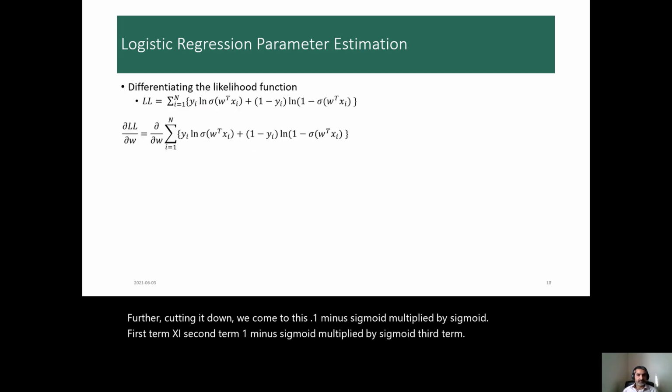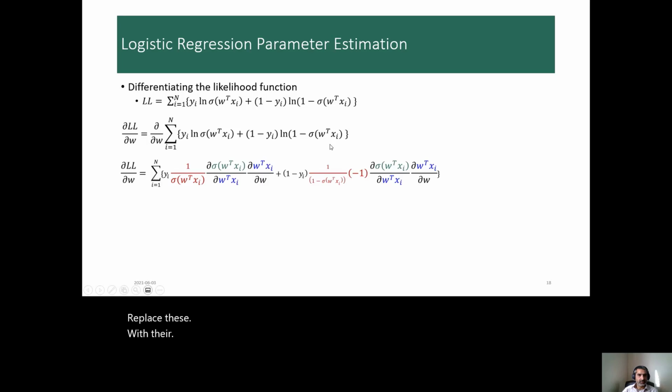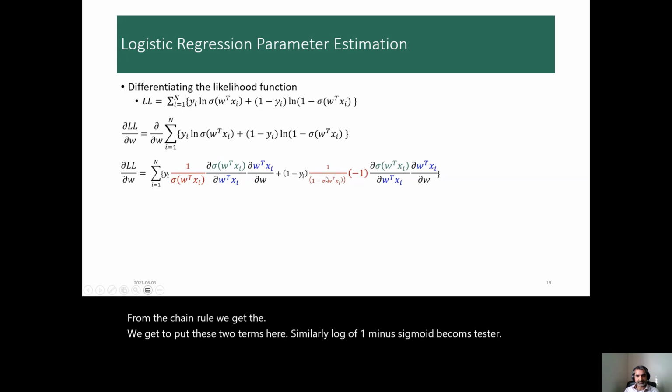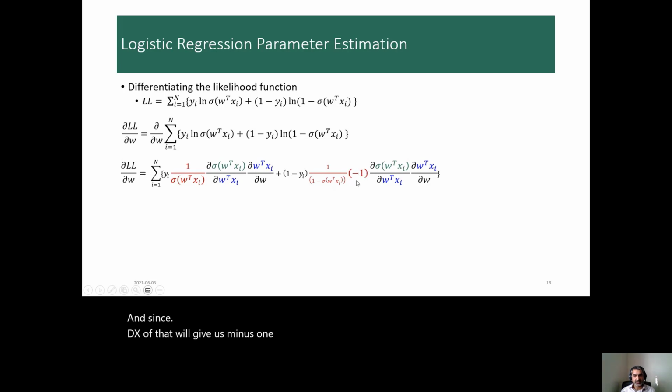For the third one, now we are going to replace these with their partial derivatives. So for yi here, log sigmoid's derivative is 1 over sigmoid, and then from the chain rule we get to put these 2 terms here. Similarly, log of 1 minus sigmoid becomes this term, and since the derivative of that will give us -1, we put -1 here.